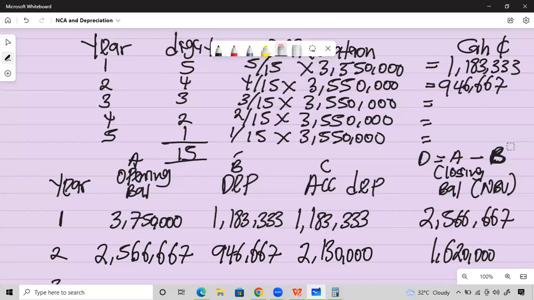So that's how you get the closing balance. It will be on the B part, sorry.